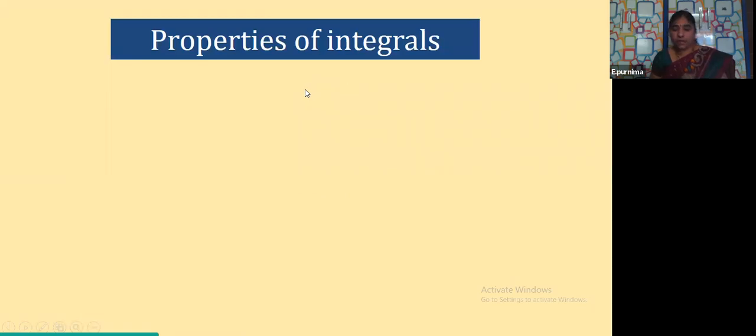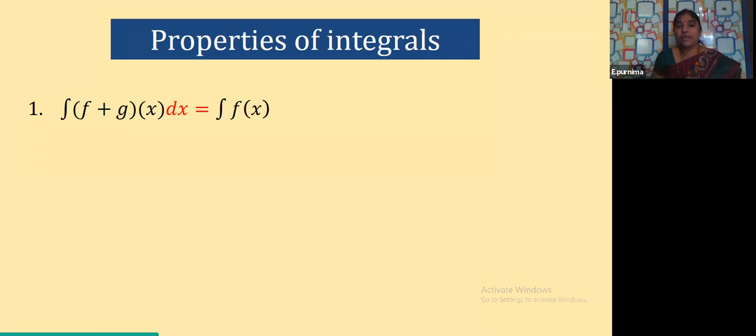So let us see properties of integral. When you are trying to solve the sums, we have certain properties, so first let us know the properties. What is the first property? Integral of f plus g of x dx is equal to integral f of x dx plus integral g of x dx.